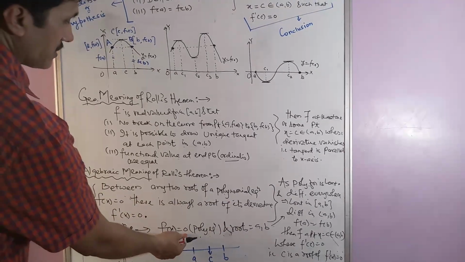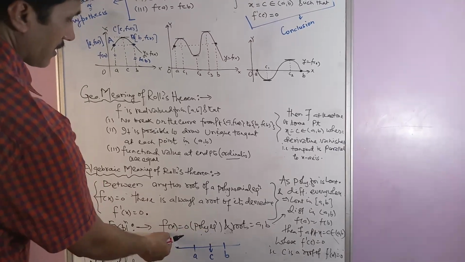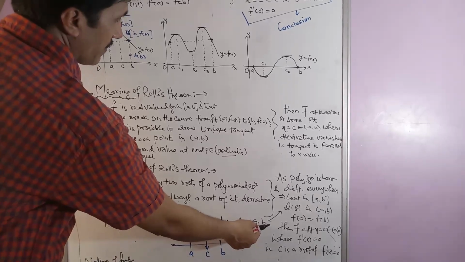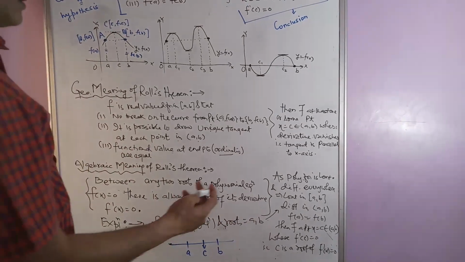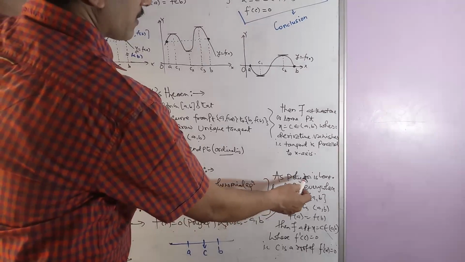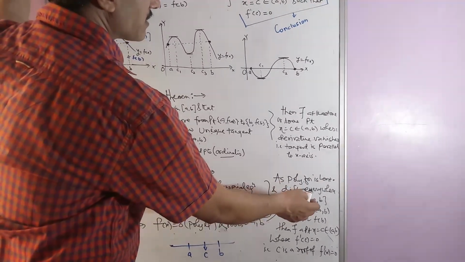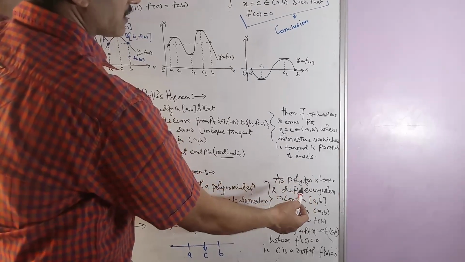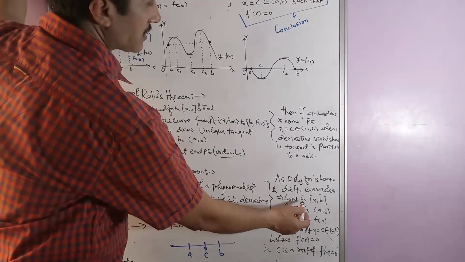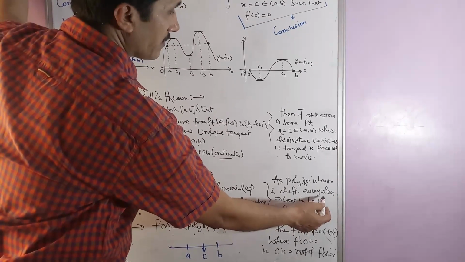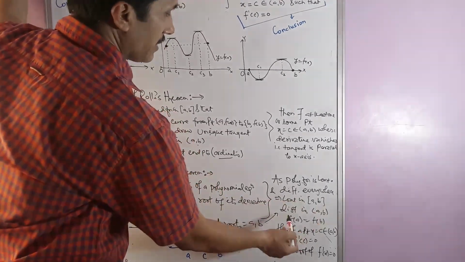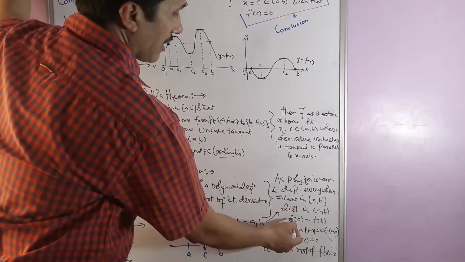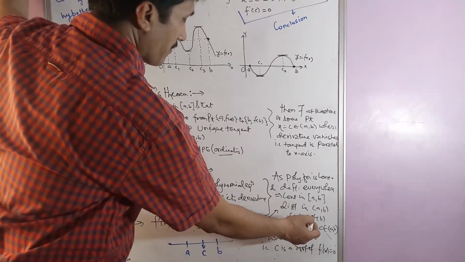Let f(x) equal to 0 be a polynomial equation. Here f(x) is a polynomial and its roots are a and b. Since every polynomial function is continuous and differentiable everywhere, it is continuous in the closed interval [a, b], differentiable in the open interval (a, b), and f(a) equal to f(b).